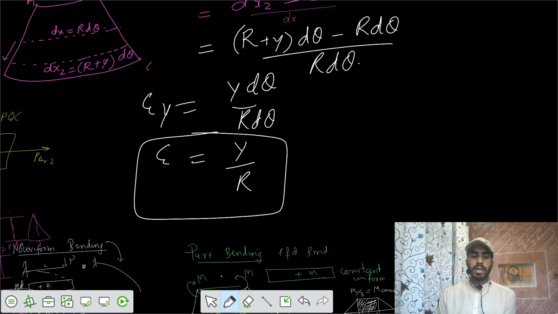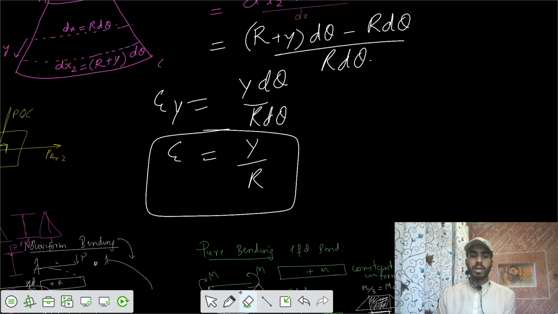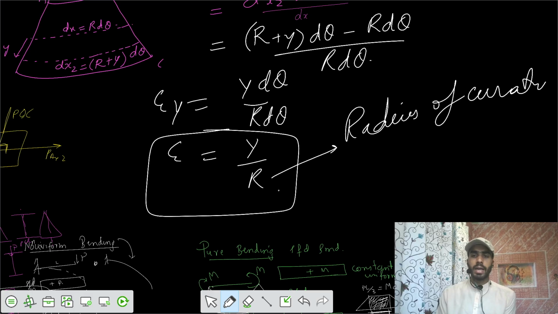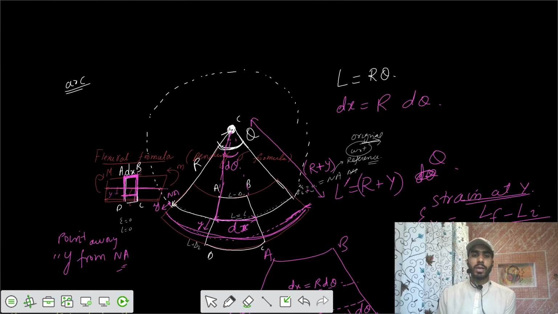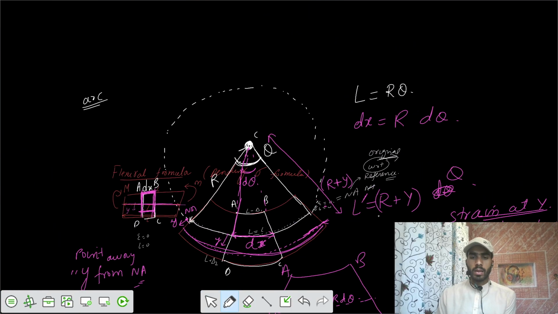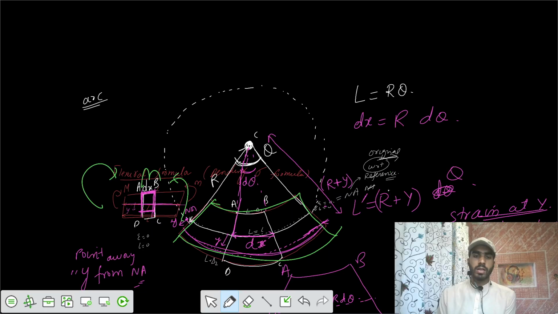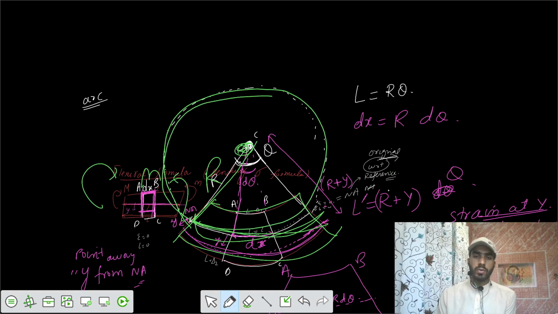Here, this is the r. R is the radius of curvature. Because of the bending moment, the beam has bent in the form of an arc of a circle. When we take the neutral axis as the reference line, the circle formed along the neutral axis has some center, and there is some radius r.